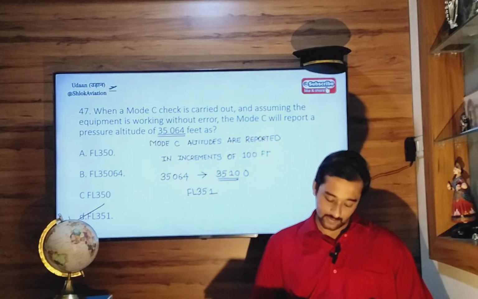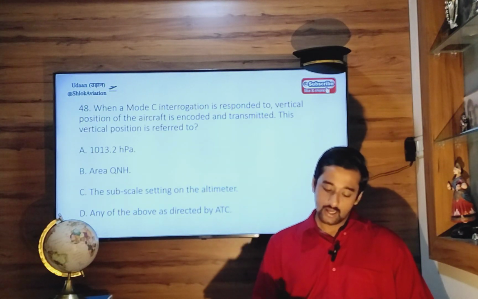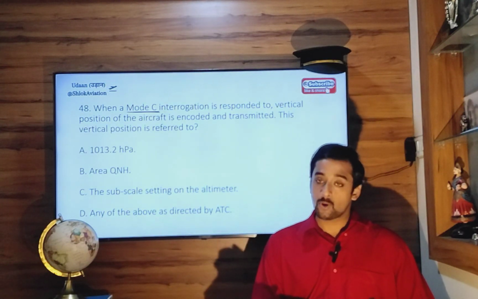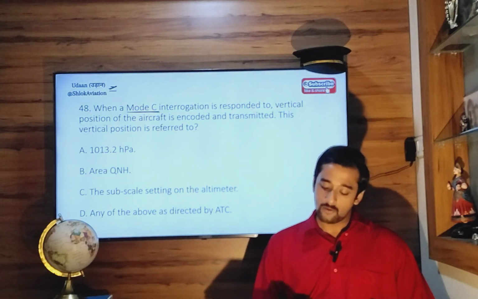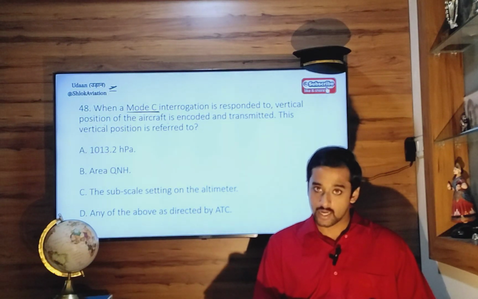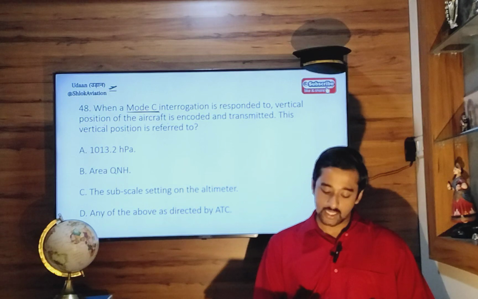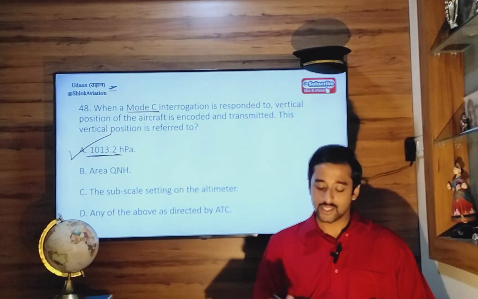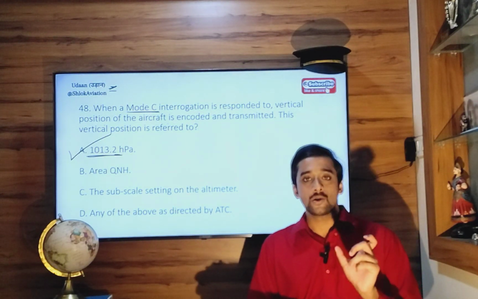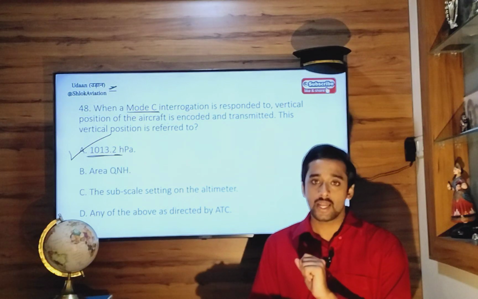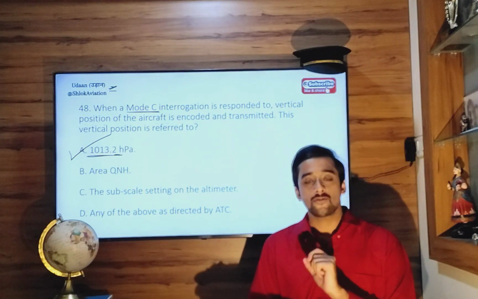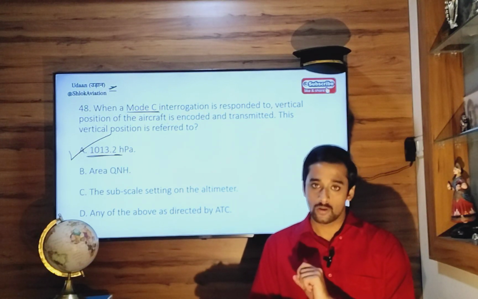Important question. 48. When a mode C interrogation is responded to, vertical position of aircraft is encoded and transmitted. This vertical position is reference to standard pressure setting of 1013. All altitudes reported by mode C capability in your transponder will be with reference to 1013.2, right?